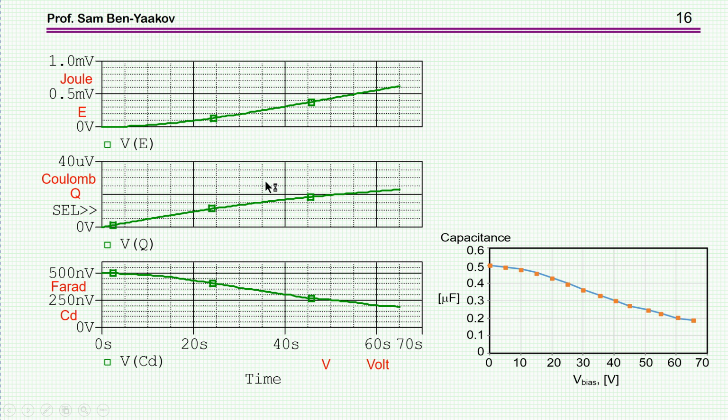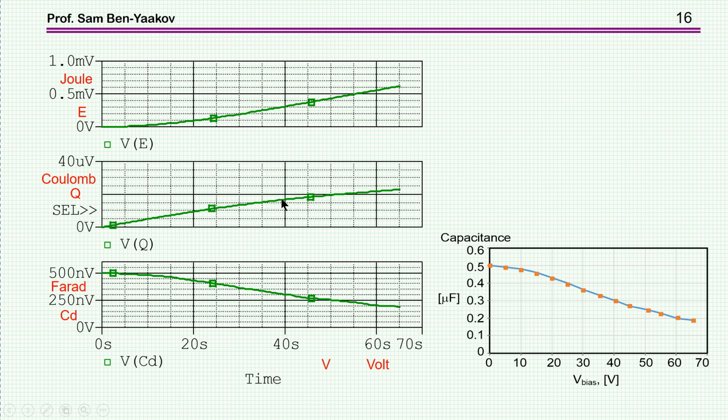So this is now the most important curve, as I mentioned earlier. This is the voltage, and this is Q. So this is the charge as a function of voltage of this particular capacitor. And the slopes here are those that we talked about earlier.